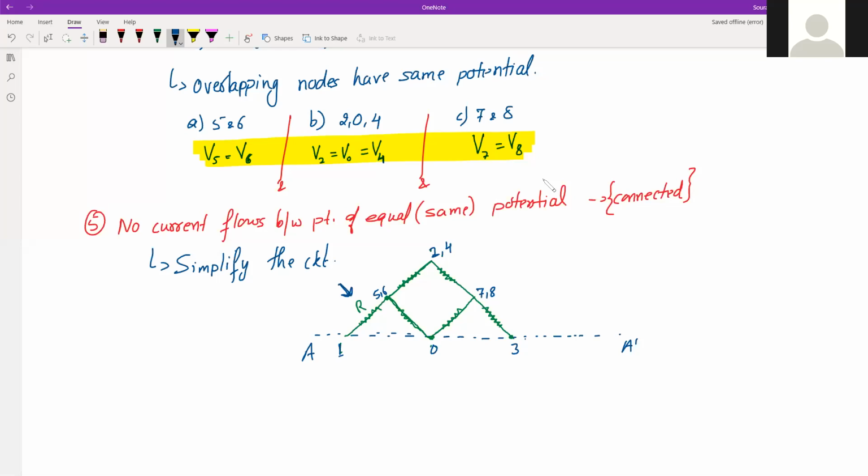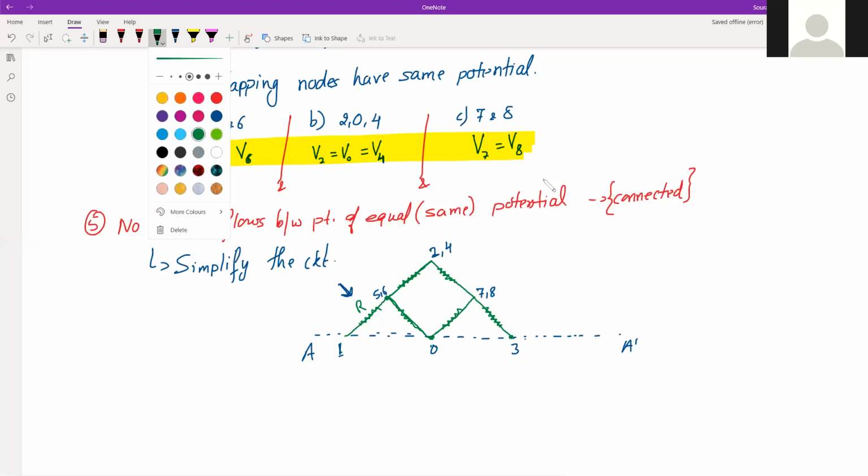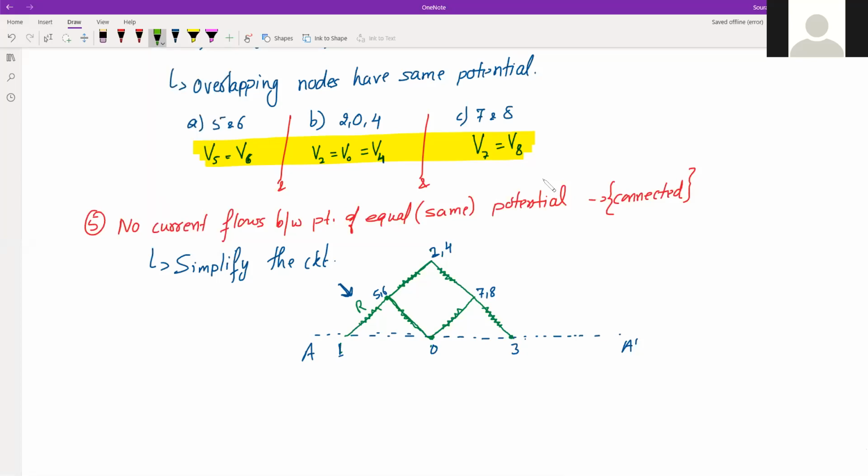Same way there is another R connected between 1 and 6. So let me draw that as well, using some other colors so that you remember that this is actually in the background. Between 1 and 6, there is another resistor in the back. Between 6 and 2, there is another resistor. Between 6 and this, again there is a resistor here.